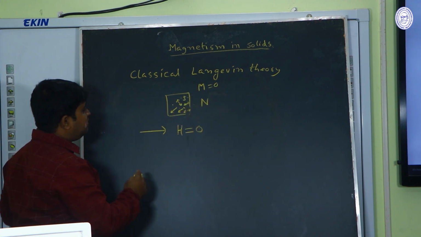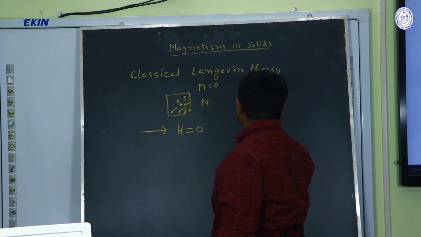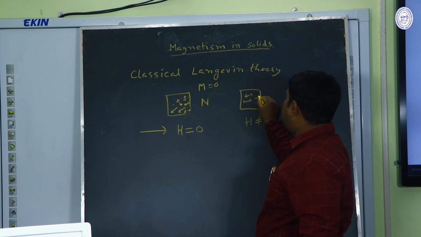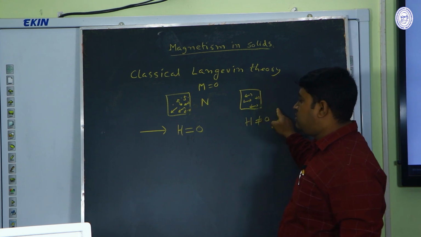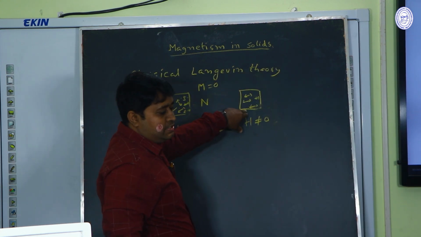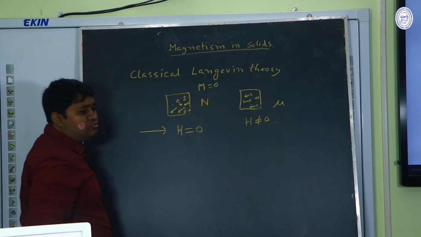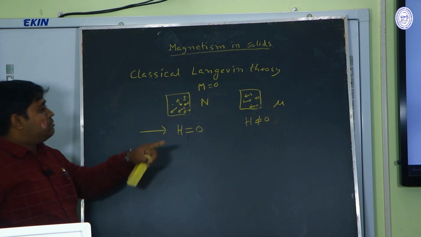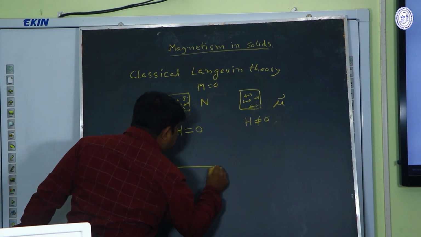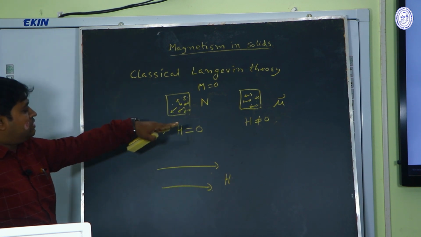When an external magnetic field is applied on the magnetic material, H is not equal to 0, and the magnetic dipole moments are aligned along the direction of the magnetic field. As a result, we get a magnetization. Suppose mu is the magnetic moment of each atom and H is the magnetic field intensity applied on the substance.